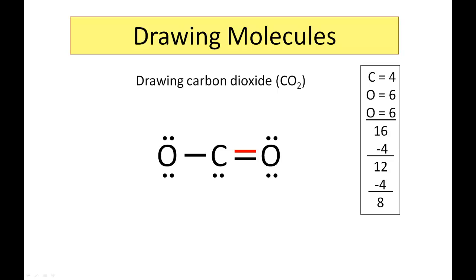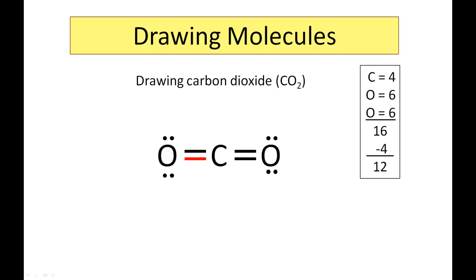Notice I erased the lone pair when I created the double bond. I'm going to do the same thing for the other oxygen. So I will take this lone pair from carbon, and it will also become a double bond.